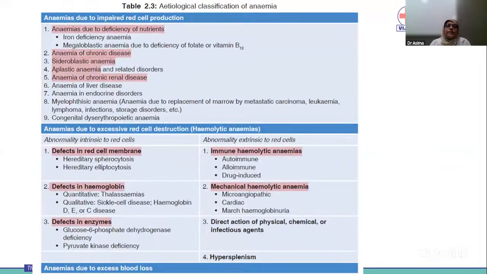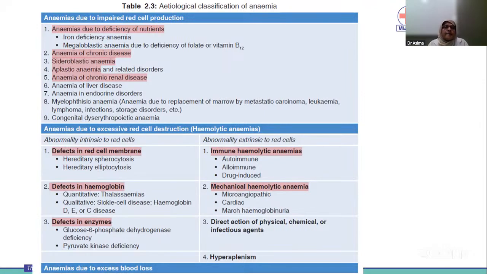So now we go to the etiological classification of anemia. We'll go through the important ones. The first anemias are due to impaired red cell production, and it involves the most common anemias due to deficiency of nutrients, the iron deficiency anemia.